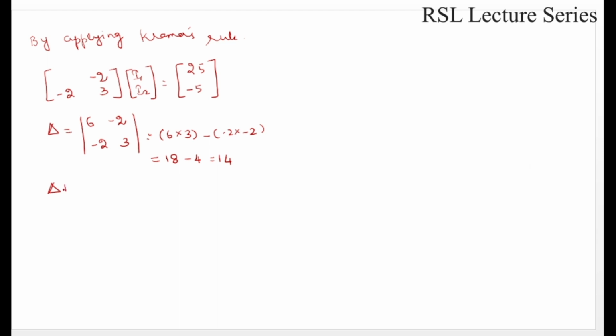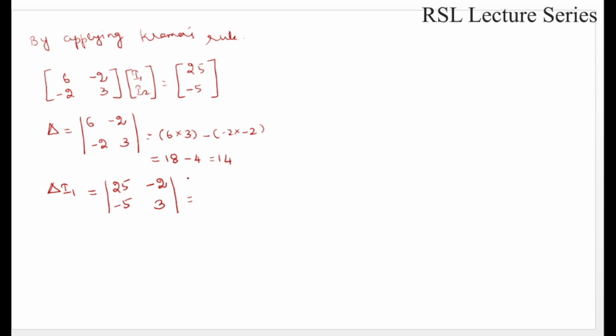Next, for finding out I1, we have to find out the delta I1 value. For finding delta I1, the first column should be replaced with the right hand side matrix, that is 25 and minus 5. The second column will remain the same, -2 3.